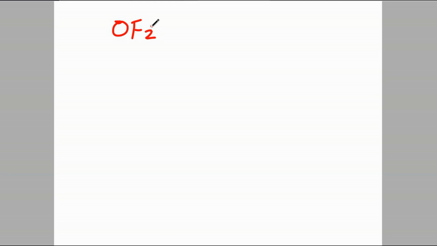Alright, oxygen difluoride. Let us assign x for the oxidation number of oxygen, and fluorine has -1 oxidation. Therefore x plus 2 times -1 equals 0, so x equals +2.